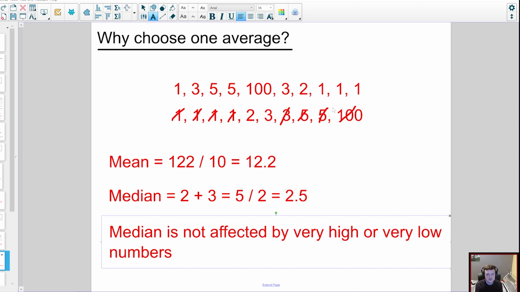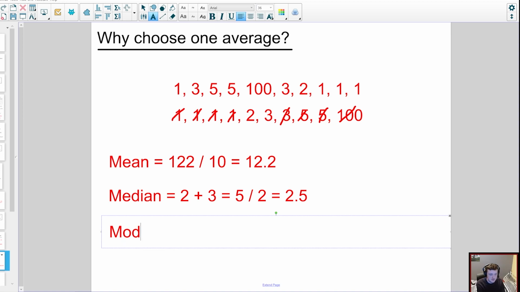So if they ever ask you why you might choose one average over the other, you can say that the median is a good choice because it doesn't get affected by big or small numbers. One of the downsides of the median, of course, is that it takes longer to do because you've got to order all of your numbers. And so if you've got a lot of numbers, it will take a longer time to organize them into a reasonable order.